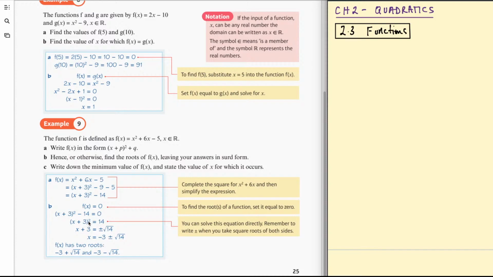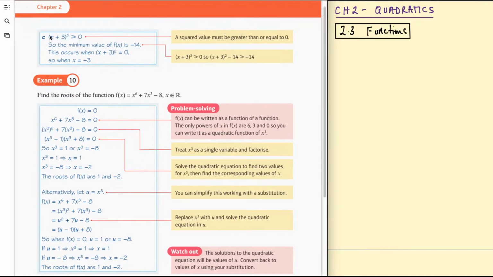Even if it's a negative in there, once we square it, it must be positive. So it goes into more detail. We start off with this, we say (x plus 3) all squared is greater than or equal to 0, because the square value must be greater than or equal to 0. So the minimum value of f of x is negative 14.